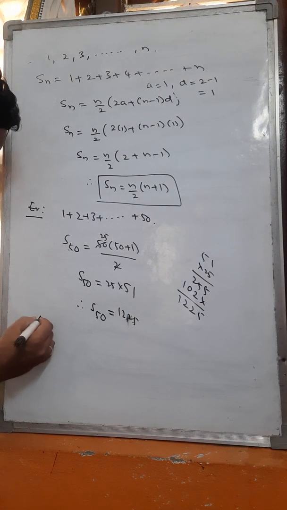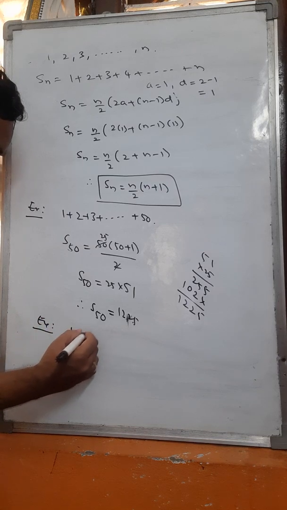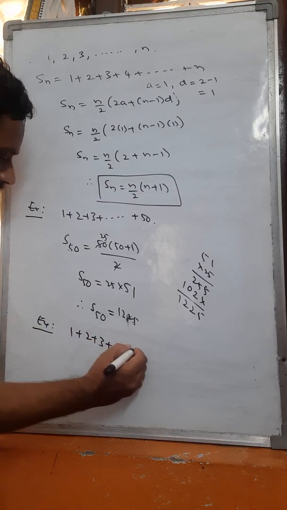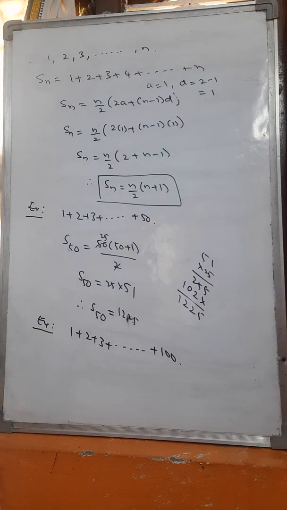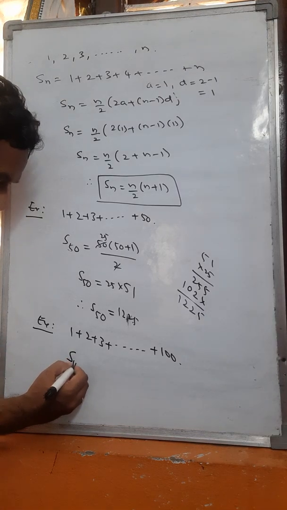Another example: 1 plus 2 plus 3 plus ... plus 100. It is the sum of the first 100 natural numbers, that is S100.